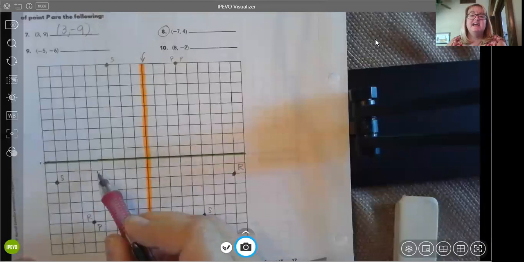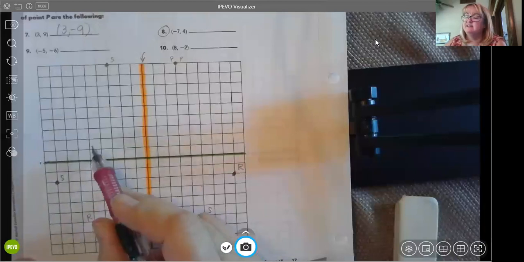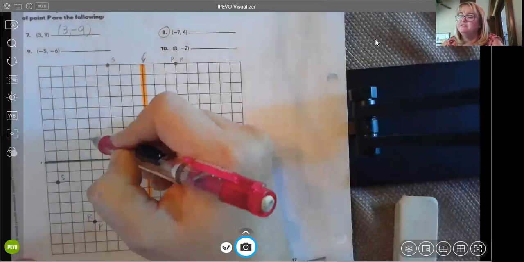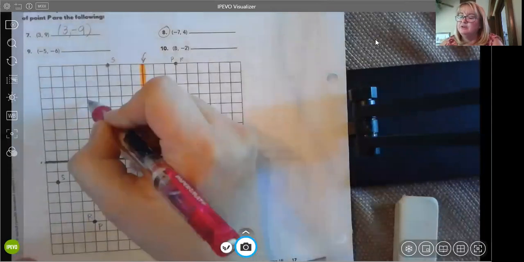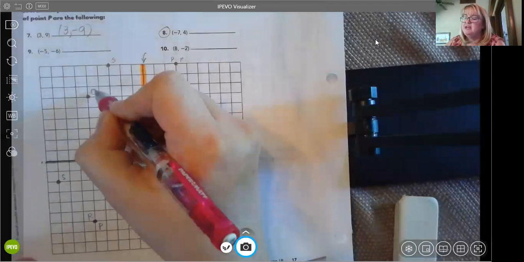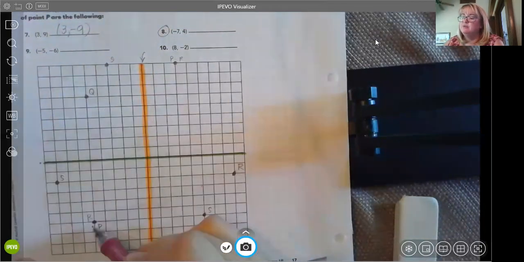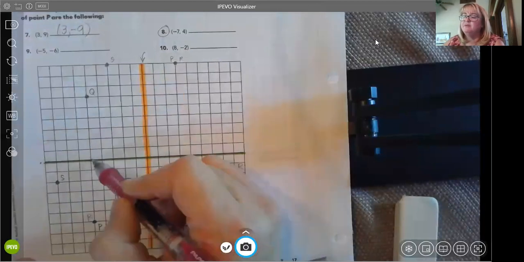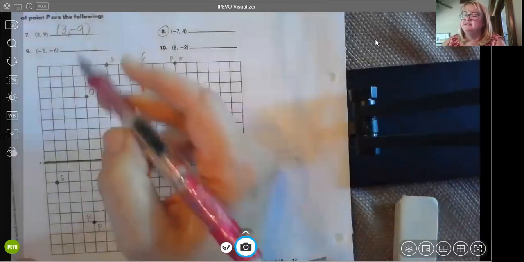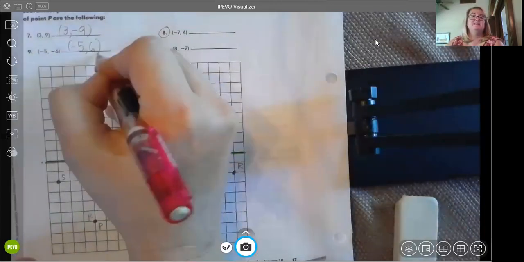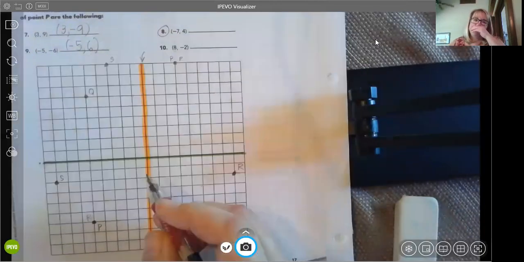So instead of 6 down, I'm going to go 6 up. That's right. So 1, 2, 3, 4, 5, 6. So this is Q. So if P is back 5, down 6, we're still going back 5, but we're now going up 6. And hopefully you're seeing a pattern here.